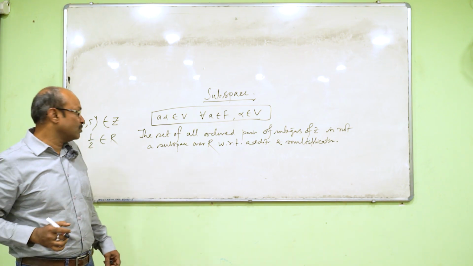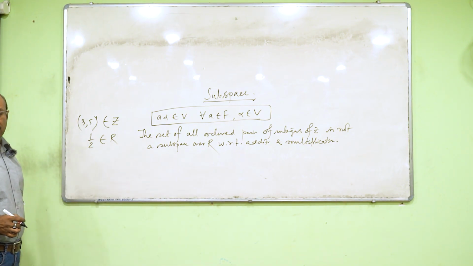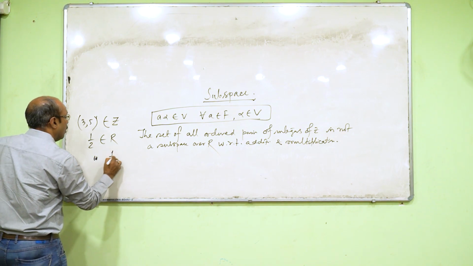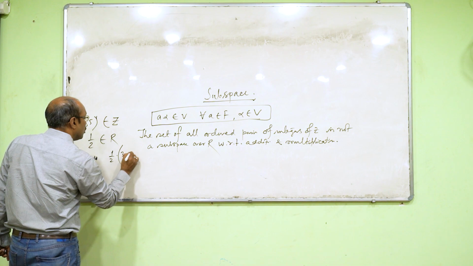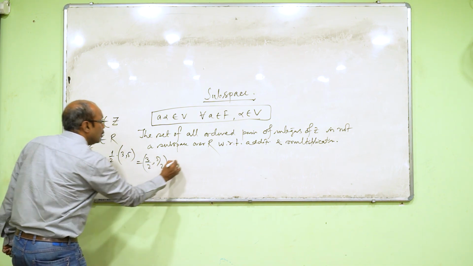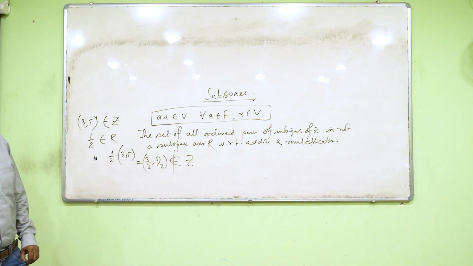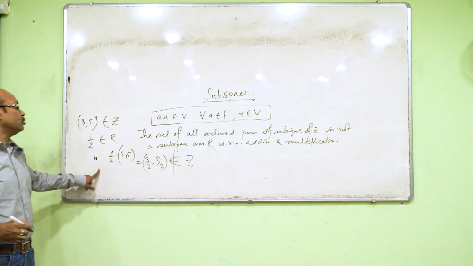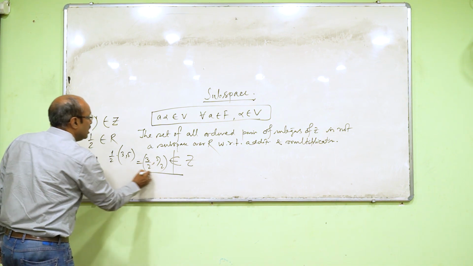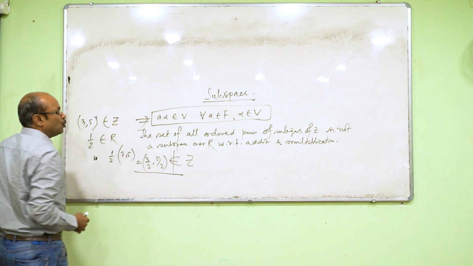We have to see it. If we take (3, 5) belonging to Z and 1/2 belonging to R, we see that 1/2 times (3, 5) equals (3/2, 5/2), which does not belong to Z. That means this property does not hold.